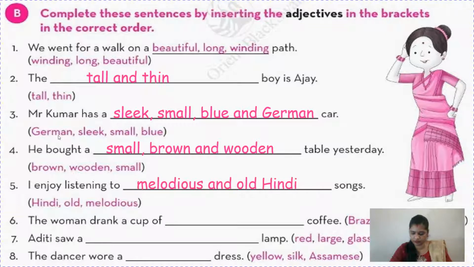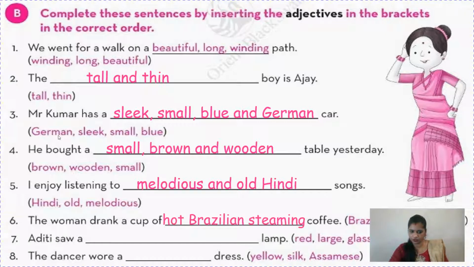So we will write melodious and old Hindi songs. The woman drank a cup of dash coffee. So children, we have seen purpose will go last. So steaming will go last. And I think second last is nationality, Brazilian. And hot is physical quality. So it will go like this: physical quality, nationality and purpose.